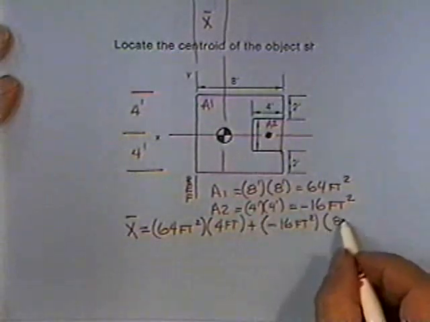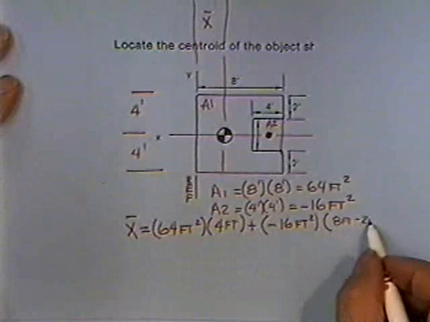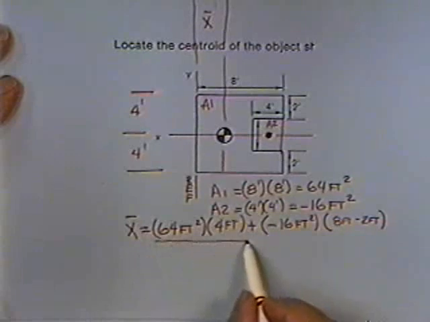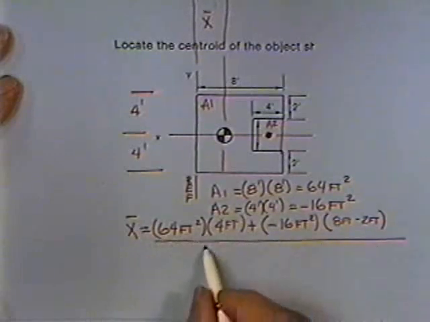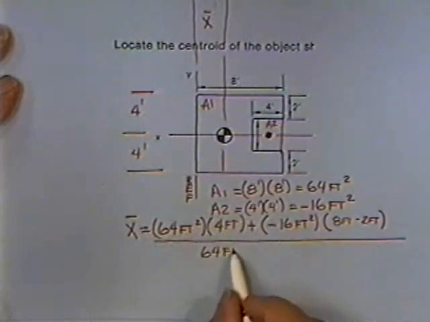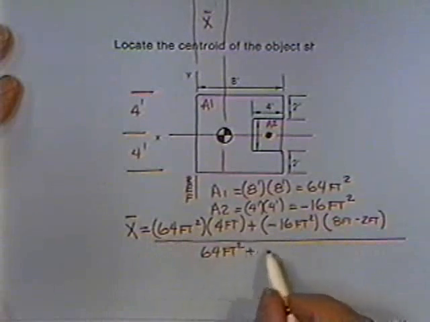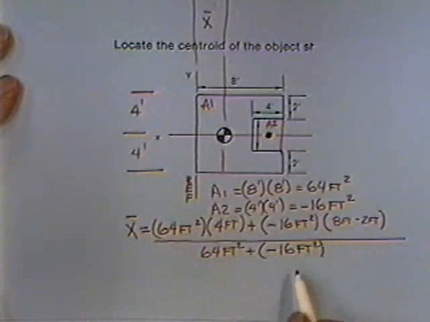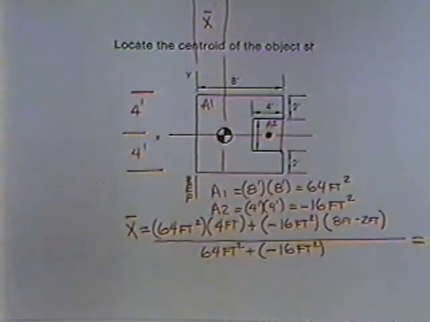So that's 8 feet minus 2 feet back for his distance. And then we divide that by the sum of the areas: 64 square feet plus a minus 16 square feet, and whatever that comes out, that's where the centroid is.